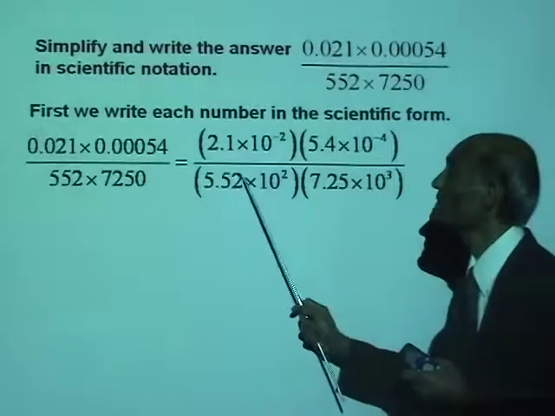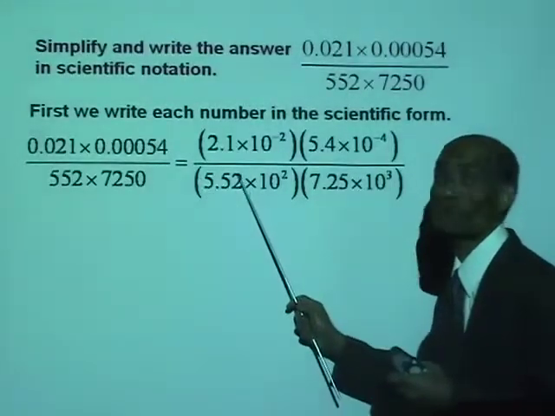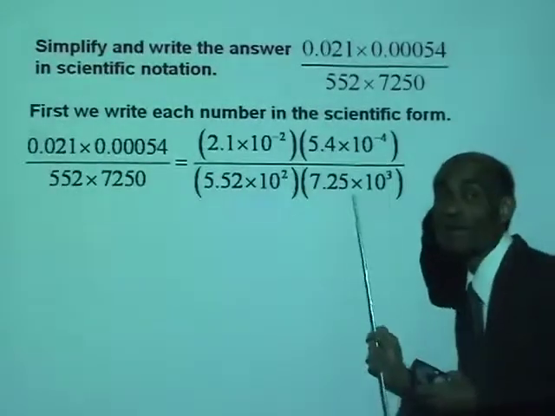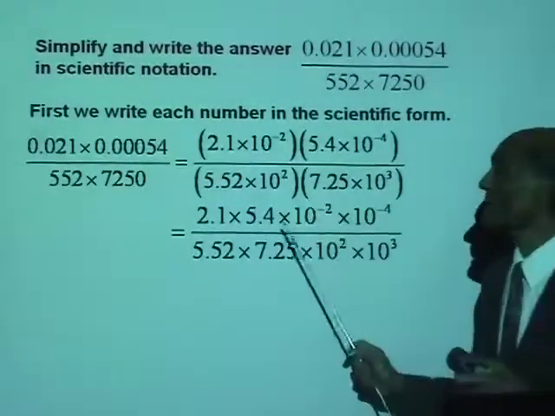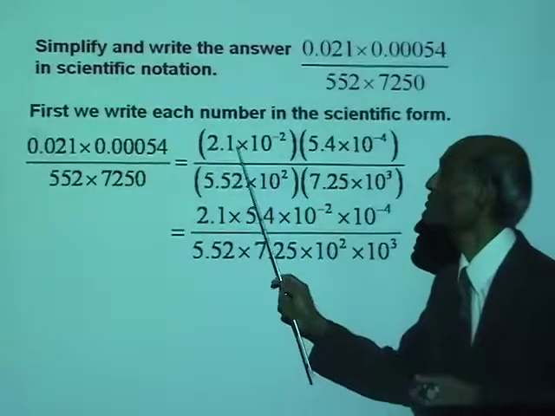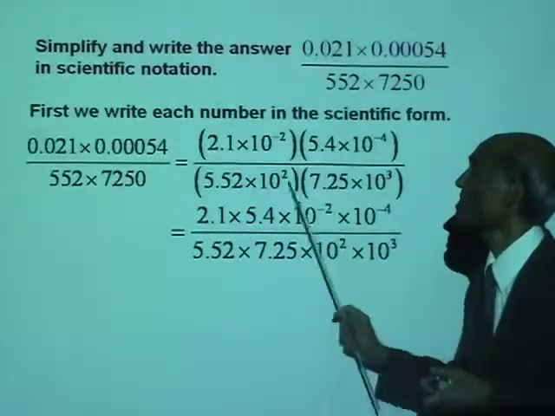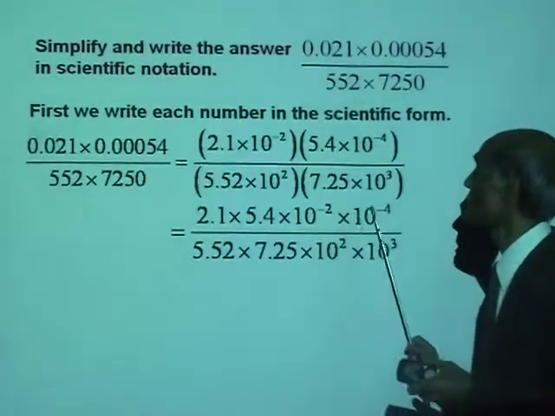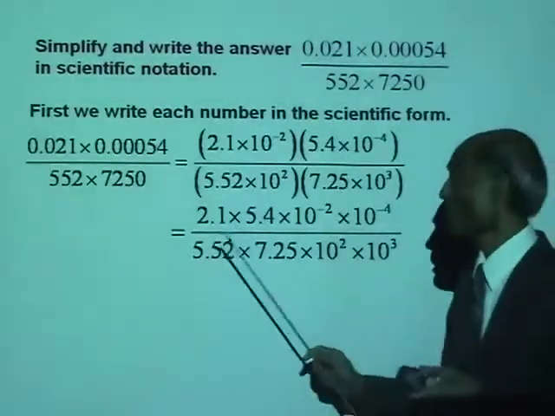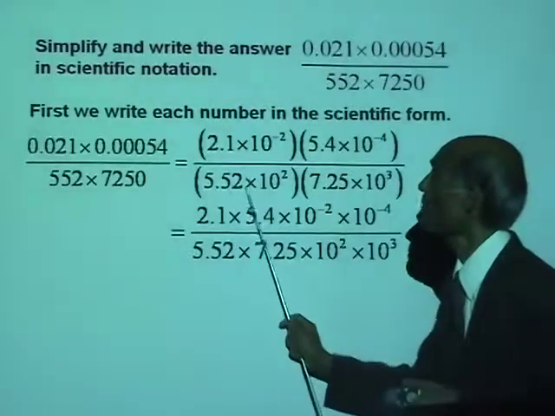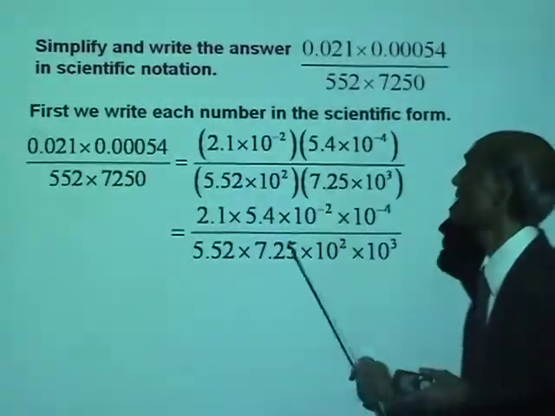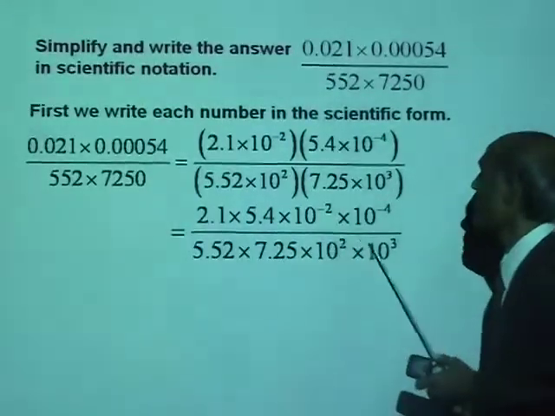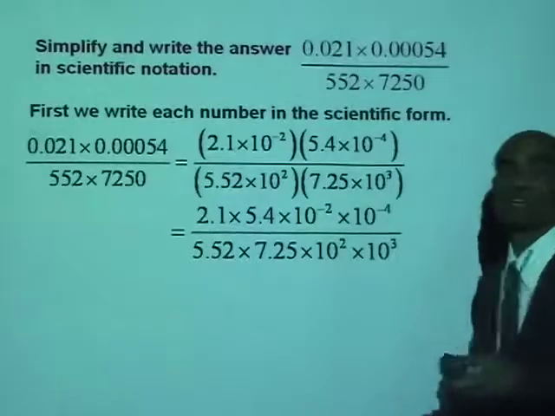On the denominator, 5.52 multiplied by 7.25 and then multiply the powers of 10 like this. So that will be 2.1 times 5.4 times 10 to the negative 2 times 10 to the negative 4 over 5.52 multiplied by 7.25 and multiplied by 10 to the power of 2 multiplied by 10 to the power of 3.